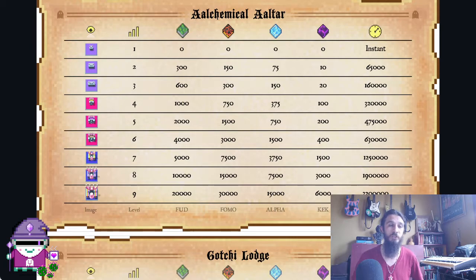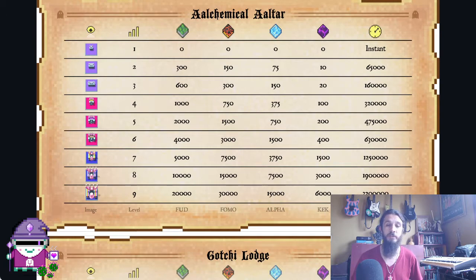So you want to level up this altar. That's going to be very important. And you're probably going to want to spend glitter to level it up a little faster. But you also need to think about you're only going to be able to move as fast as the amount of Alchemica you're able to make. So this is a big part of your strategy, is this altar.